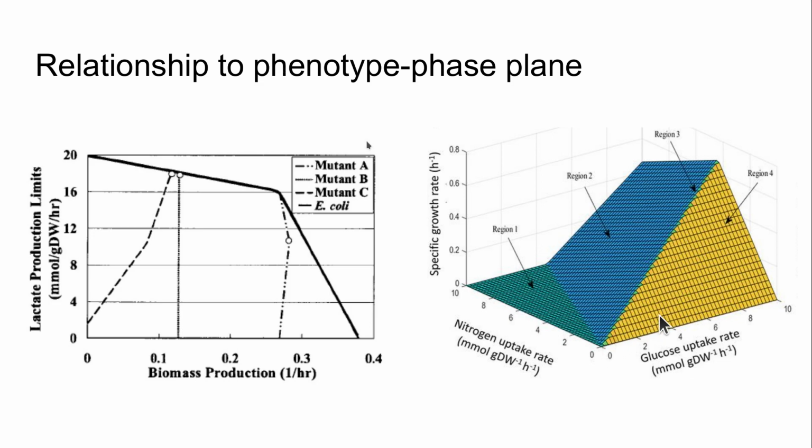But if you're doing essentially the single variable version of a phenotype phase plane, which is just this robustness analysis, you are locking this variable, which is not something you're doing in the production envelope. So with two variables plus biomass, they're very similar. If you have 1 dimension plus biomass, they will be very different.